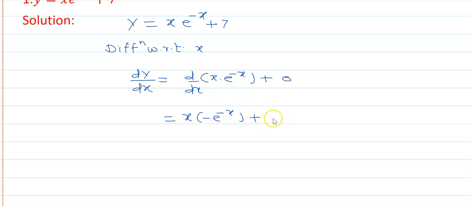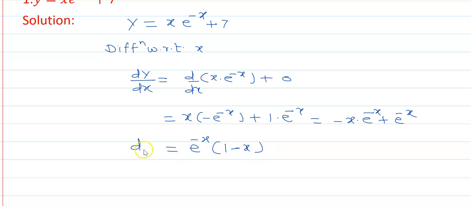Next, the derivative of x is 1 into e raised to minus x, and overall you will get minus x into e raised to minus x plus e raised to minus x. Now from here you can take e raised to minus x as common, then in the bracket you will get 1 minus x. Hence this is the dy by dx.